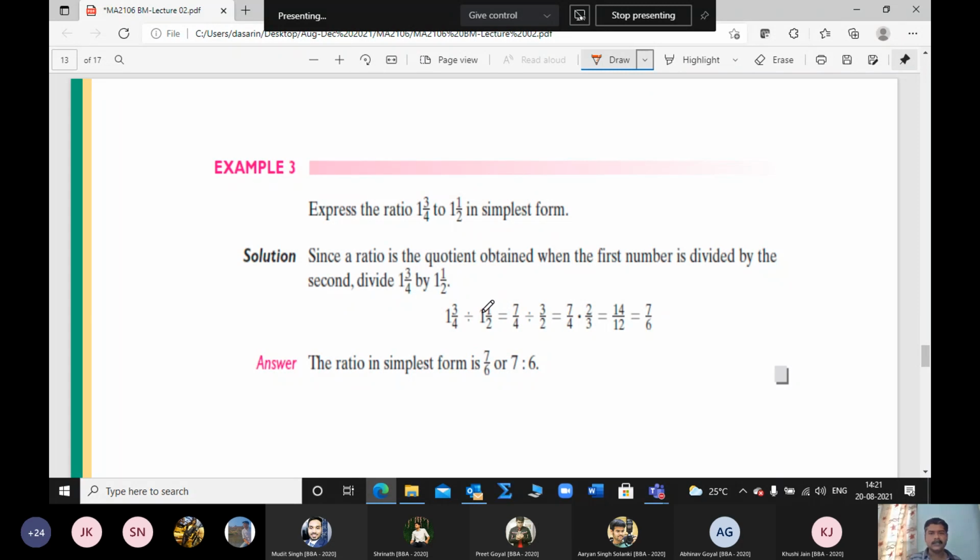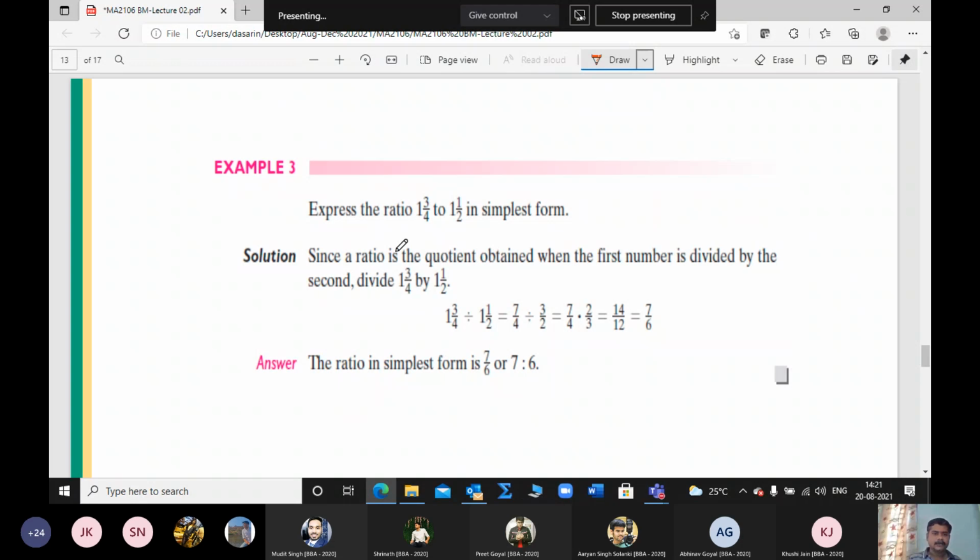So this is how we convert a mixed fraction to a proper fraction. There is another method to convert a proper fraction to a mixed fraction, which I'll take some other time. As far as this question is concerned, my concentration is only on converting the mixed fraction to the proper fraction. I think you understood how to do it.